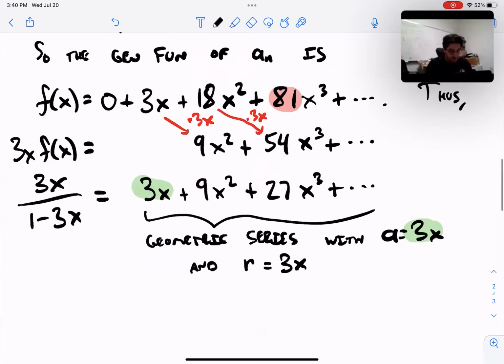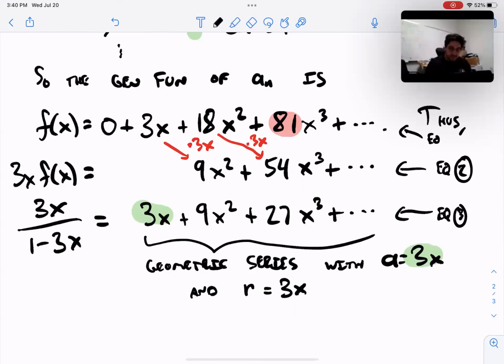So now, if you look at this, I have 3 equations, and they are related in that if you add the second and third equations together, right? Look at equation 2 and equation 3. If you add those together, you're going to get equation 1.